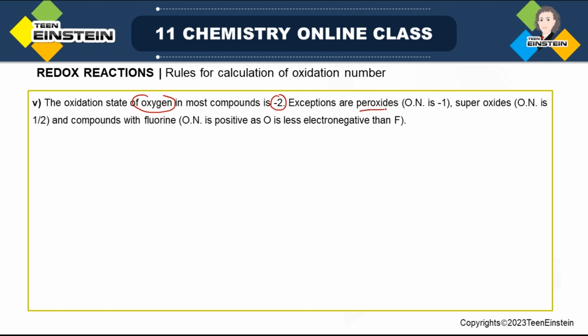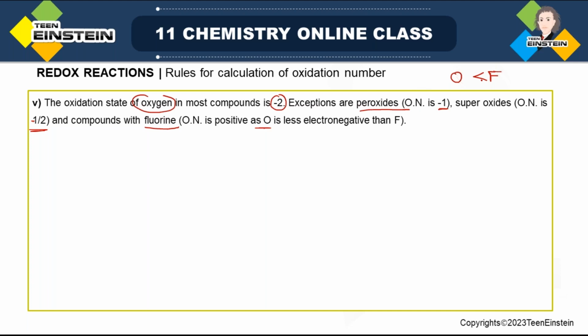If you have any peroxide compound, then its oxidation number is -1. If you have any superoxide compound, then its oxidation number is -1/2. If you have any compound of oxygen with fluorine, then the oxidation number will be positive. Why? Because if you compare the electronegativity of these two elements, fluorine is more electronegative.